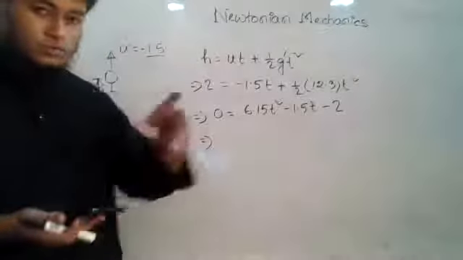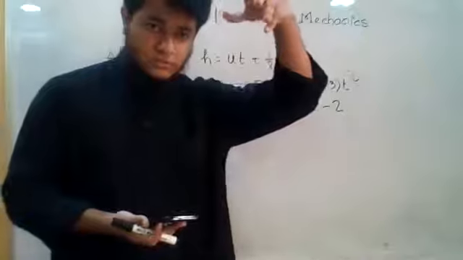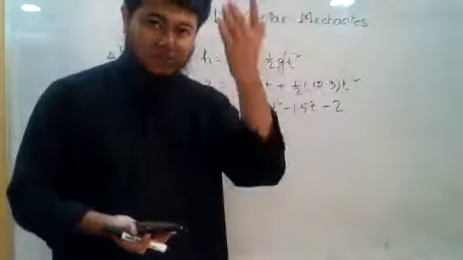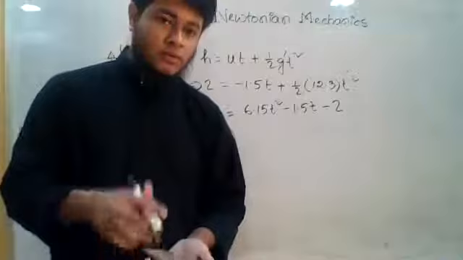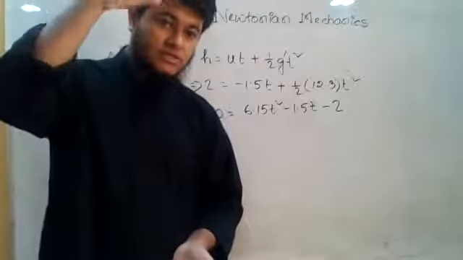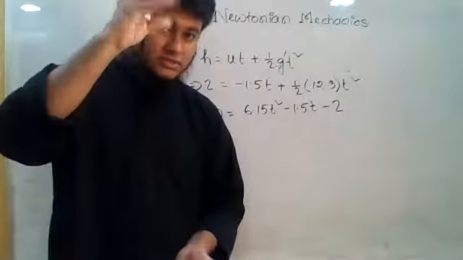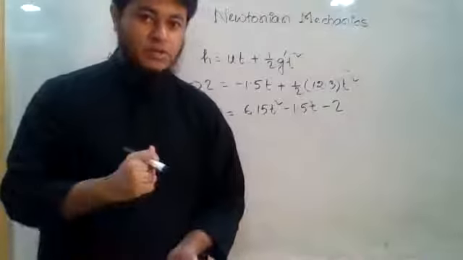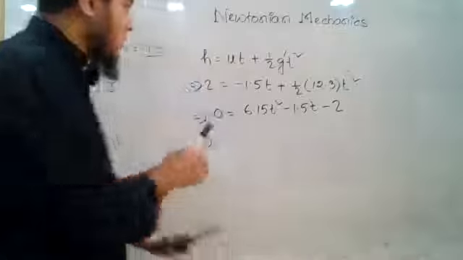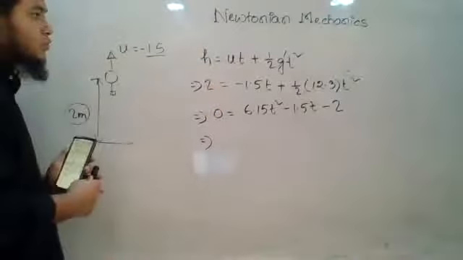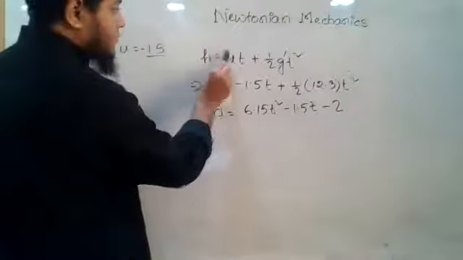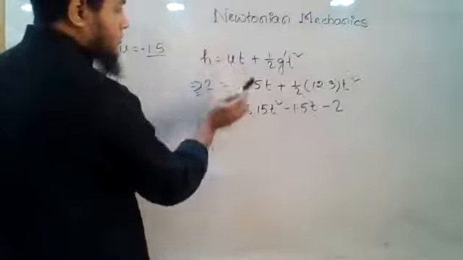About the screw, it was left from the top of the lift, which is at 2.7 meter height from the ground. So what will happen? The initial velocity of this one will be considered 0, because it was at rest, then we released it, it started falling down, right? So here, if I apply the same formula for screw, the initial velocity will be 0, so whole ut will be 0.